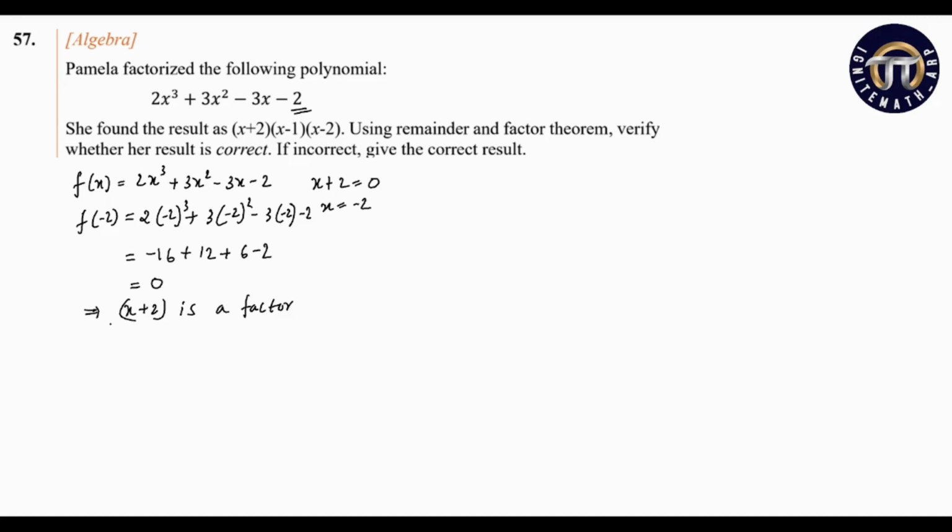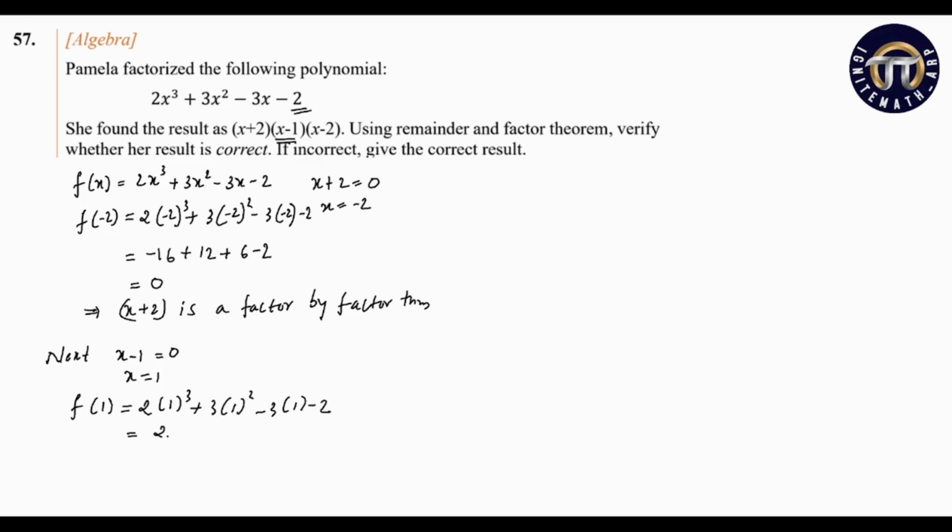Yes. Now let me check with the second factor, that is x minus 1. So I'll consider x minus 1 equal to 0, x is equal to 1. So I'll find out f of 1. If f of 1 is equal to 0, then I can say x minus 1 is also a factor, by the factor theorem. f of 1 is 2 into 1 cube plus 3 into 1 square minus 3 into 1 minus 2.